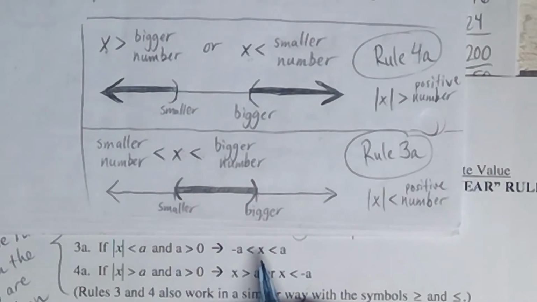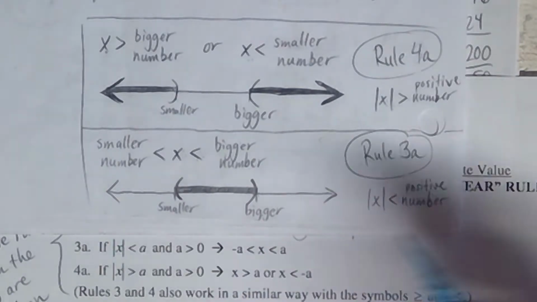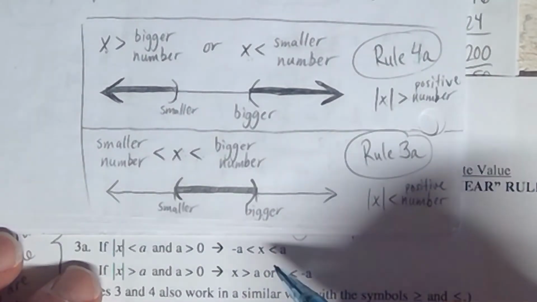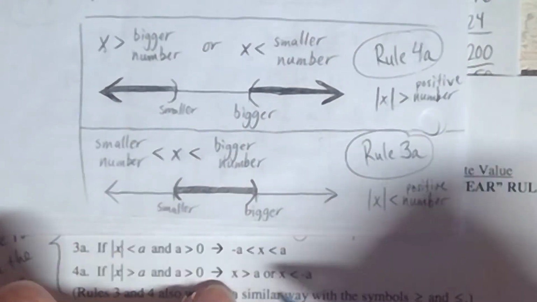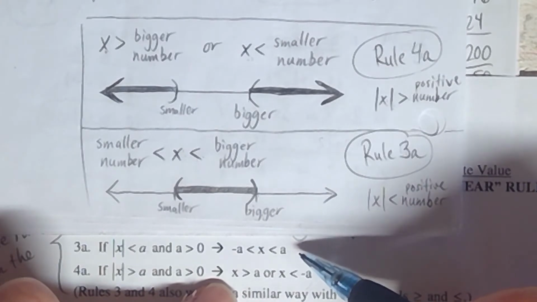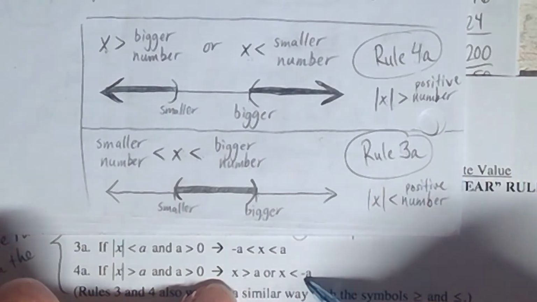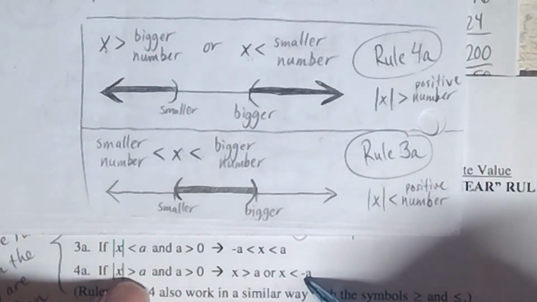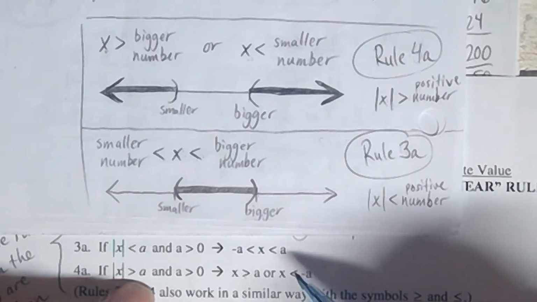Whereas up here, it's the opposite. It's less than the positive. The x is in the middle, and the x is less than the positive, but the x is greater than the negative. Please notice the difference there. Greater than positive, less than negative when it's this problem here, where the absolute value is greater than.